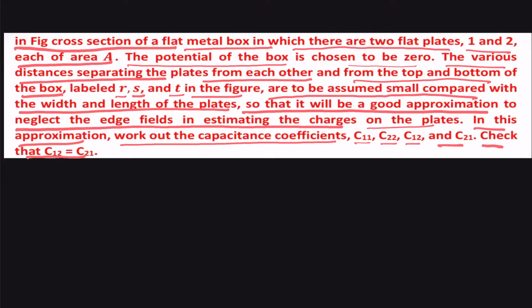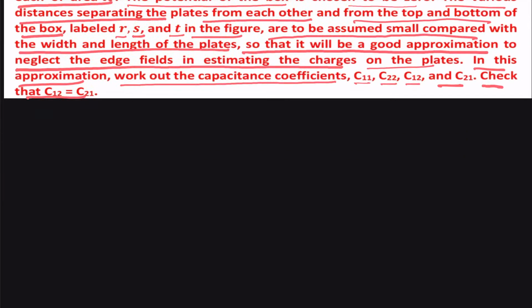So in this case, we are given the basic figure, and let me draw it. So we are given that we are having a kind of box. Suppose this is a kind of box, and inside it there are two plates. Suppose this is plate number 1 and this is plate number 2.